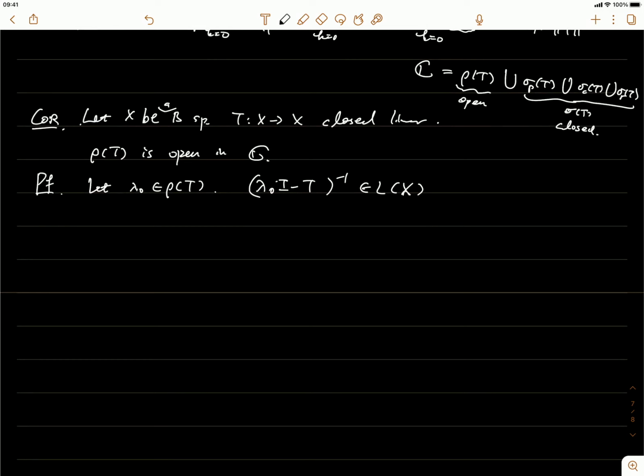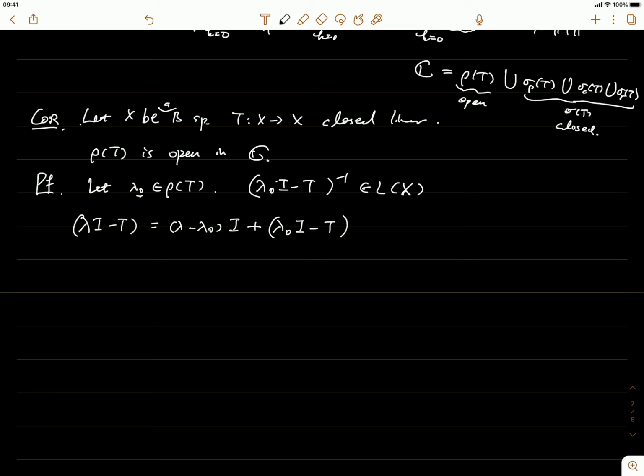And then let's say we make some slight change of this. Say I have a lambda that is pretty close to lambda naught. Then lambda I minus T is equal to (lambda minus lambda naught) I plus (lambda naught I minus T). So I just add and subtract lambda naught I.